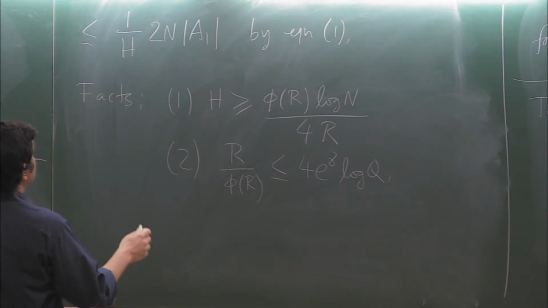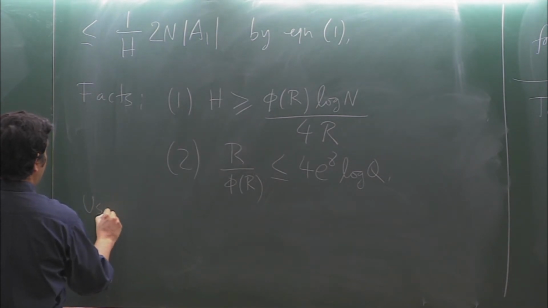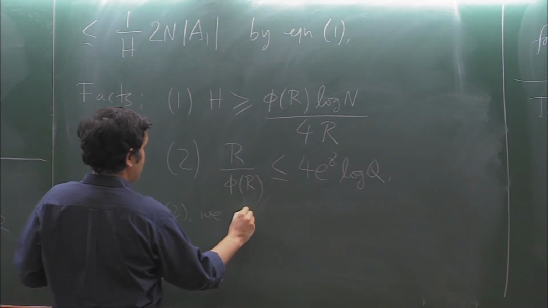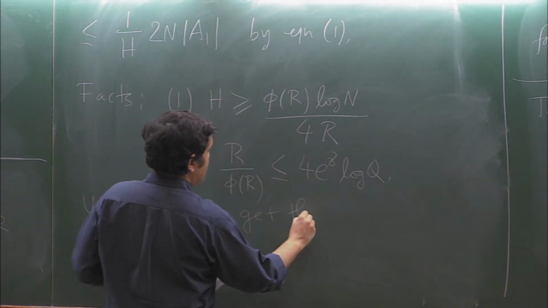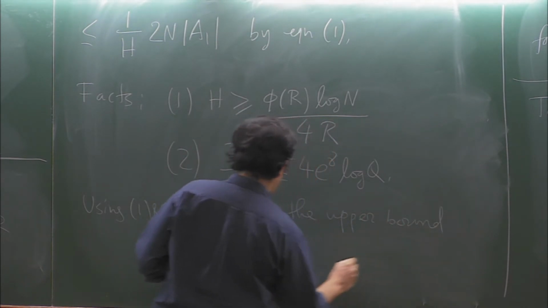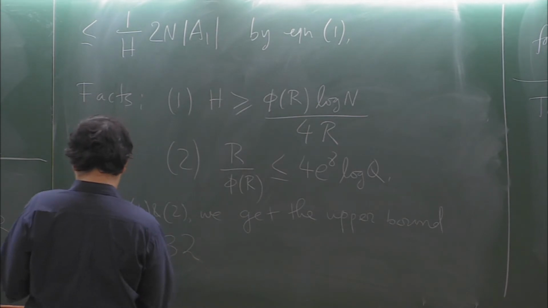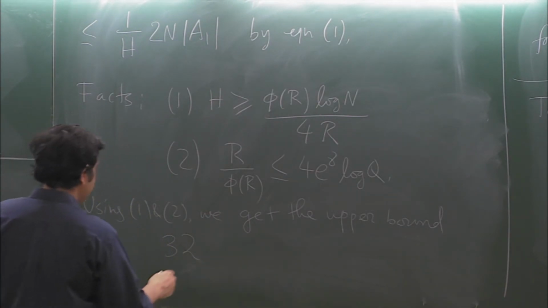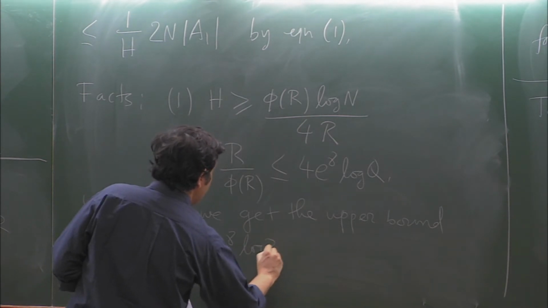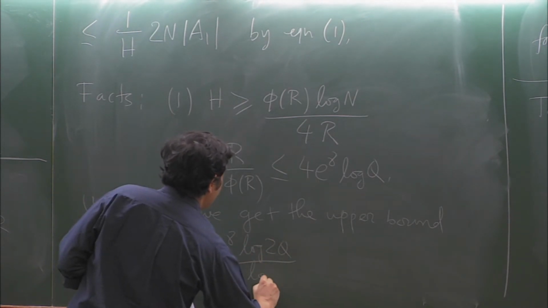And so finally, using 1 and 2, we get the upper bound 32. We needed 40 and we will get 32, I think. E to the power gamma log 2q by log n.